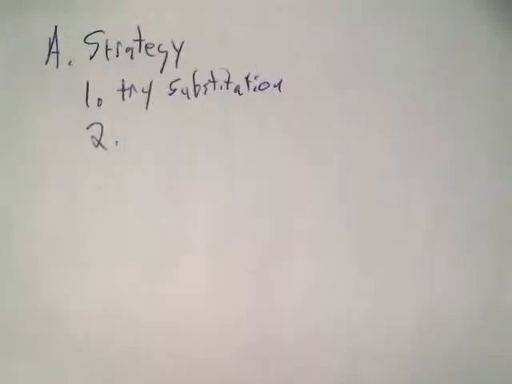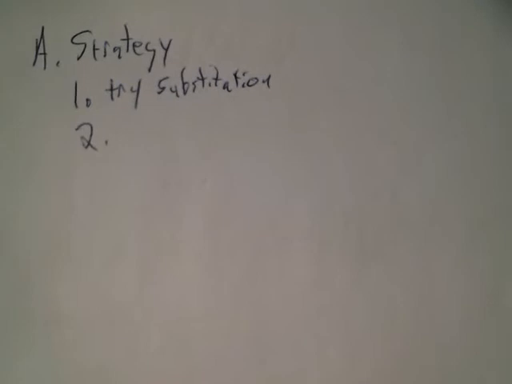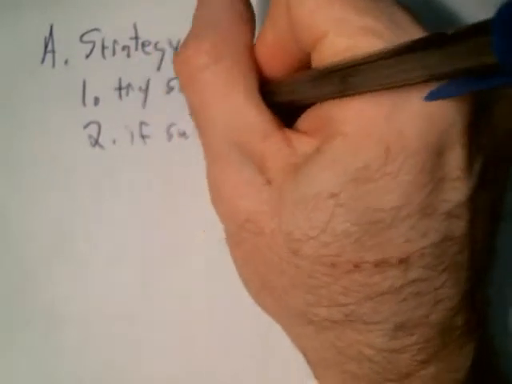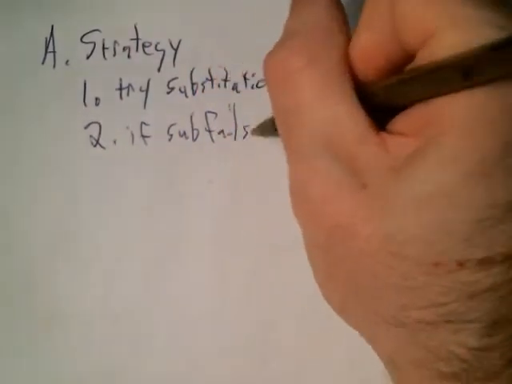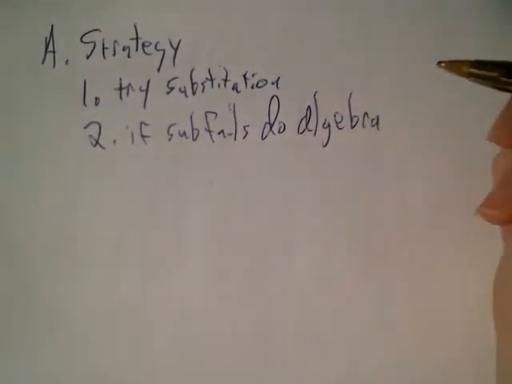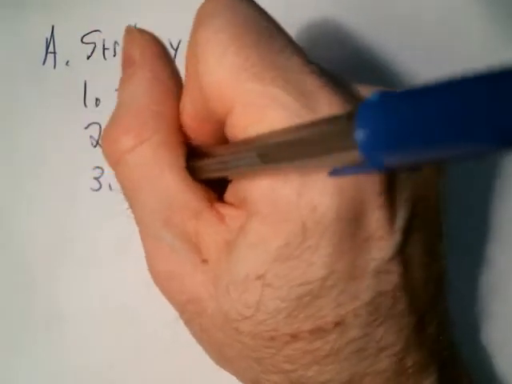Then if your substitution doesn't work, so it's resulting in something like a 0 over 0, do some algebra. So if your sub fails, do algebra. And then there's other things you could do. You could look to the graph.